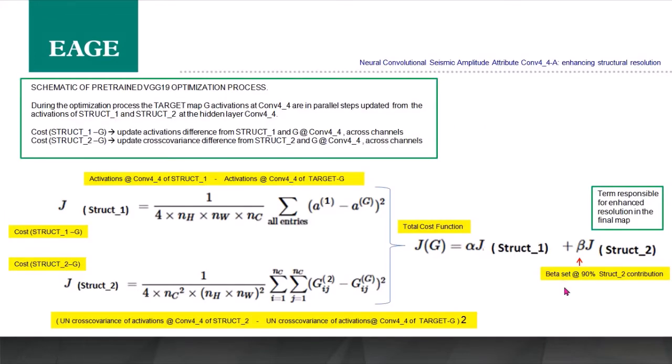This is the detailed schematic of the pre-trained VGG optimization process. During the optimization process, the target map G activations at Conv44 are in parallel steps updated from the activation of struct1 and struct2 at the hidden layer of Conv44.